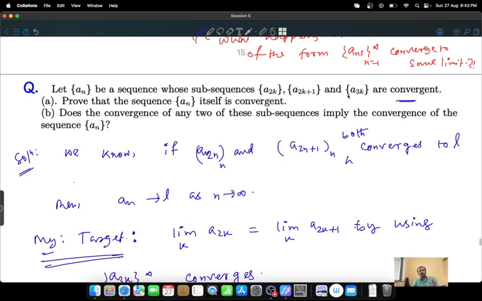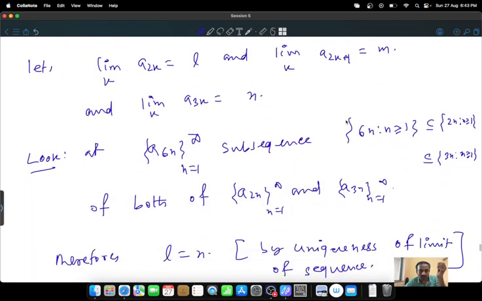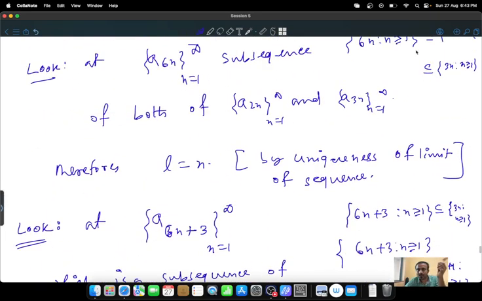You assume the convergence of the respective sequences and try to show the convergence of the original sequence. Okay, you can try the general problem.